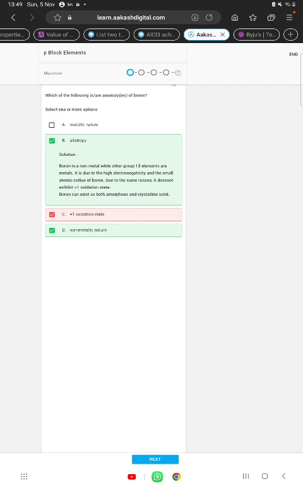Boron is a non-metal, while the other group 13 elements are metals. It is due to high electronegativity and smaller size. It does not exhibit +1 oxidation state. So its allotropy, boron is a non-metal.